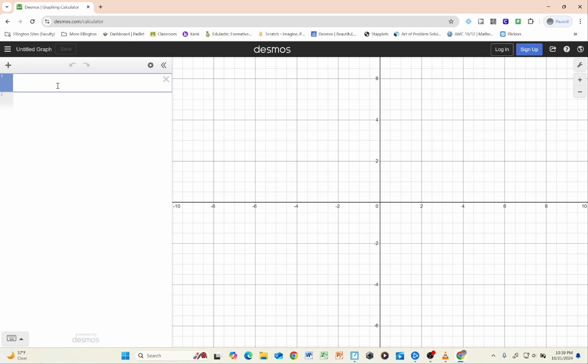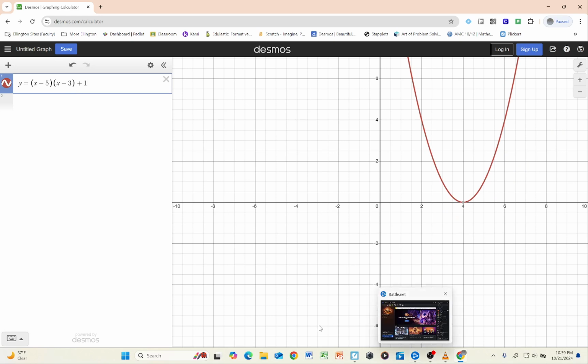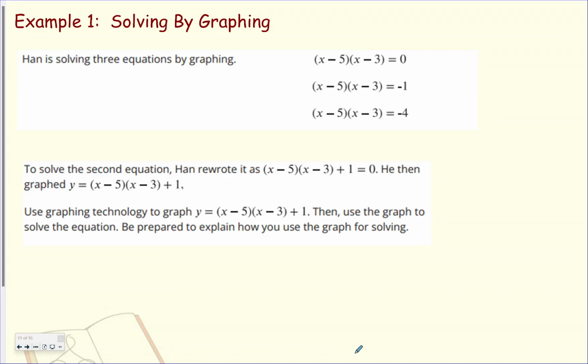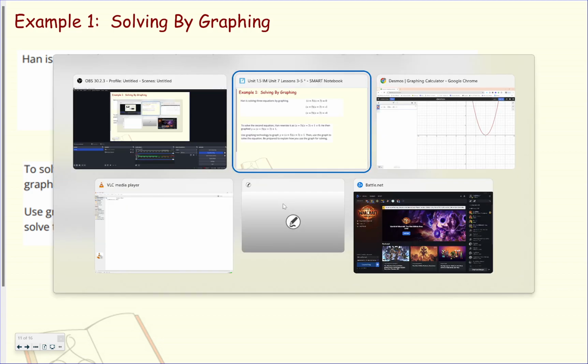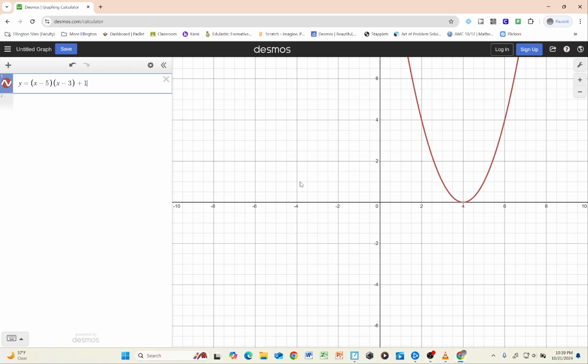Again, it is y equals, so let's type it in, y equals x minus 5, x minus 3, plus 1. Let me make sure that that equation matches what I have here. X minus 3, x minus 5, plus 1. Perfect.